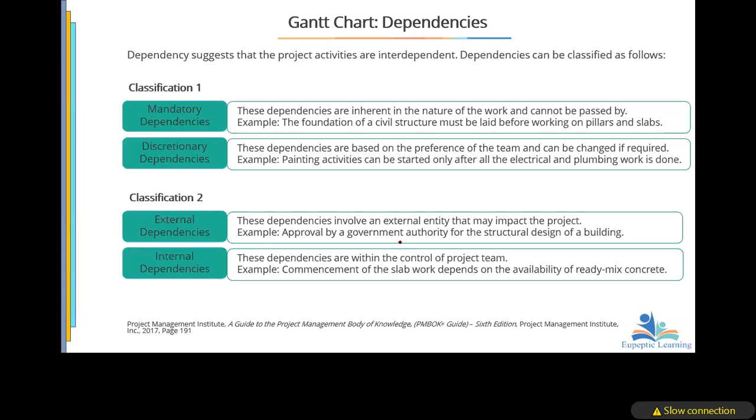You can decide to build and get to a point where they'll come and put a stop work order there. Then you start chasing the permit. But if you are a regional engineer, you cannot just do it like that. You must follow these external dependencies. So you see, approval by a government authority for the structural design of a building. If you are not given the approval and you start, trouble.